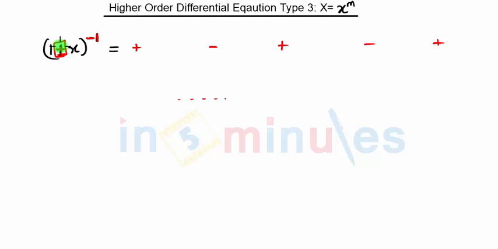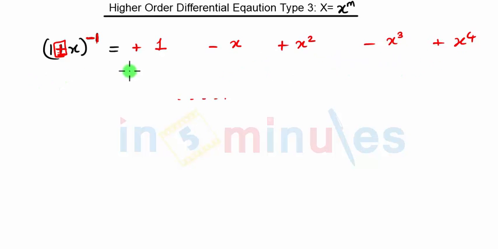The shortcut way to remember is whenever there is a plus in the bracket and it is raised to minus 1, minus into plus is minus, so it will be alternate plus, minus, plus, minus. First term will always be 1, then x, then x squared, then x cubed, x raised to 4. That is, the power of x goes on increasing as the number of terms increases.